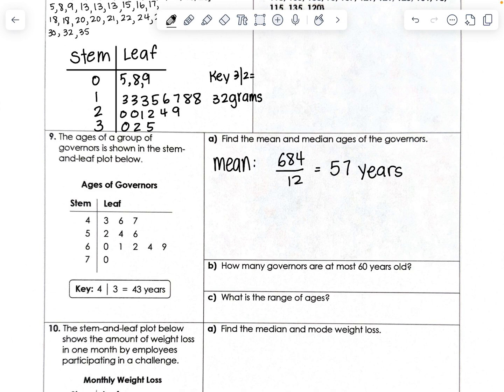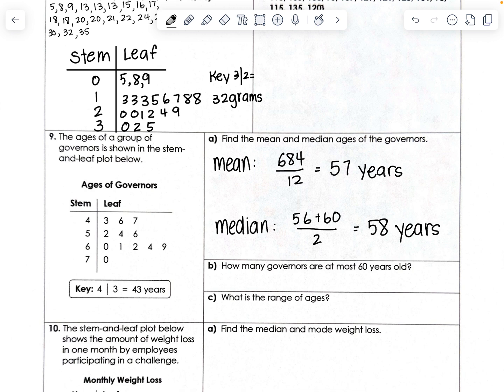The median age, the 2 in the middle are 56 and 60. Add those together, divide by 2. The median age is 58 years.